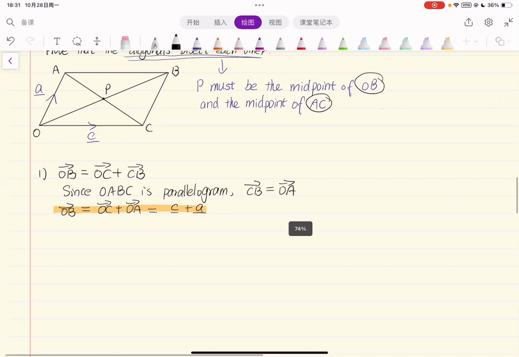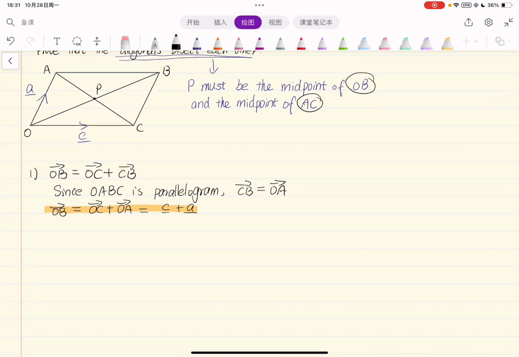Now let's see how to express the vector AC. In the diagram, we can see the vector AC equals the vector AO plus the vector OC. That equals negative OA plus the vector OC, which equals negative a plus c.